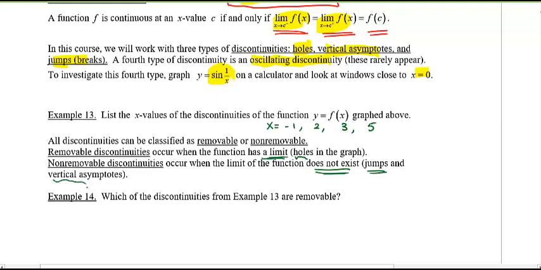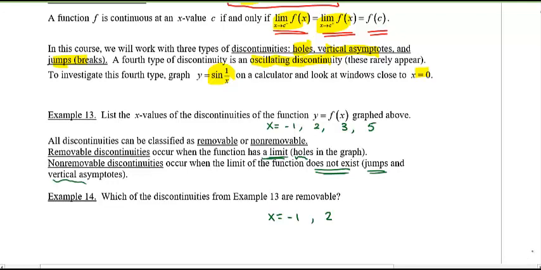So now look back at example number 13. Out of those 4 choices, -1, 2, 3, and 5, which of these discontinuities are removable? Meaning you can plug it up, or there's a hole. And if you said x equals -1 and 2, you are correct. Good.